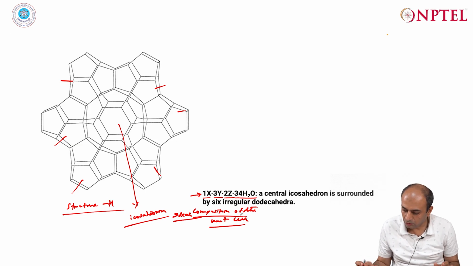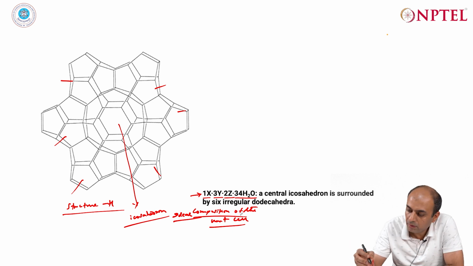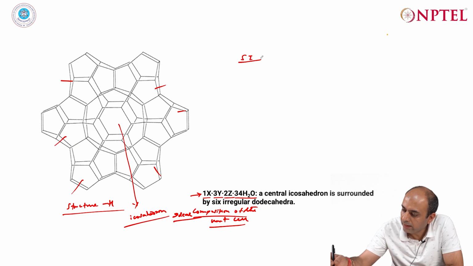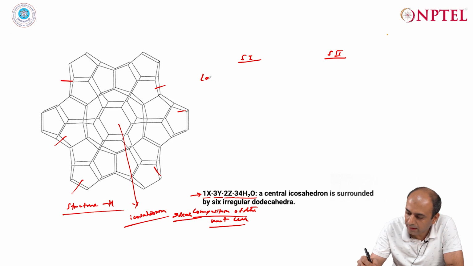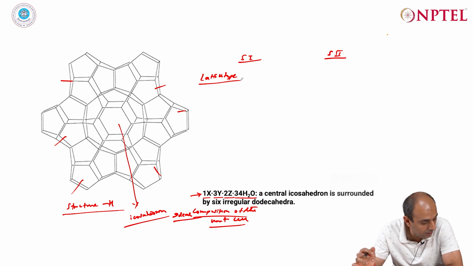But let us also go back and just look at the composition of the type 1 and the type 2 structures. S1 and S2, these are more important and fundamental. So the lattice type, because we have determined the structure of these gas hydrates and therefore it corresponds to a lattice, and the lattice type along with the space group, which corresponds to the symmetry operations which define the position of the molecules in the unit cell.